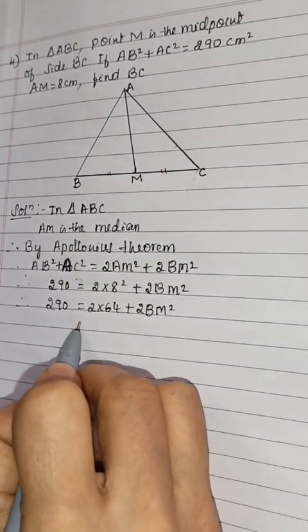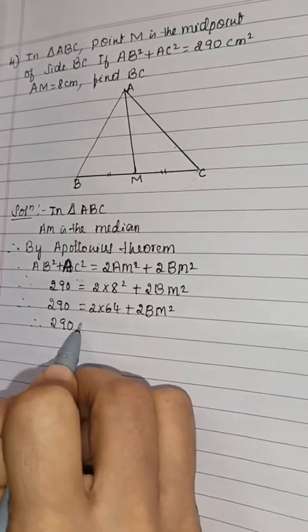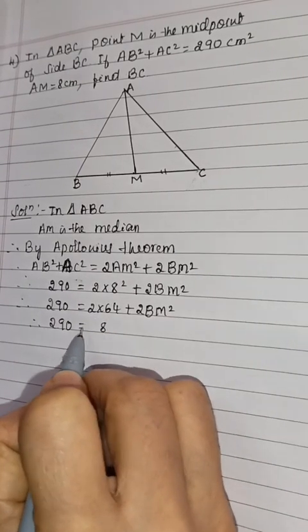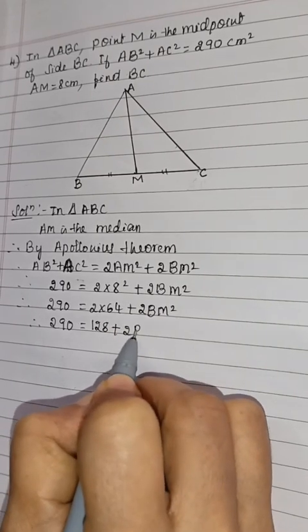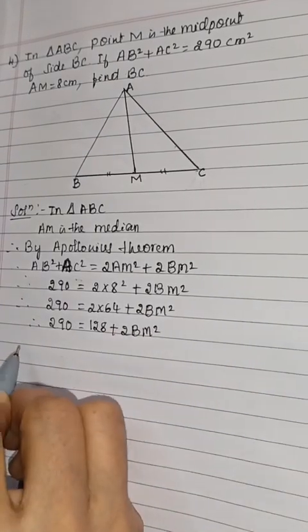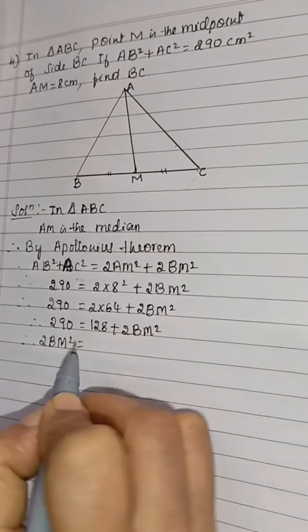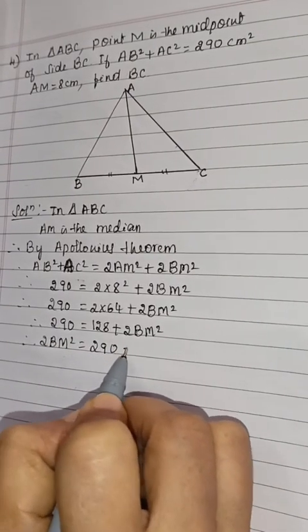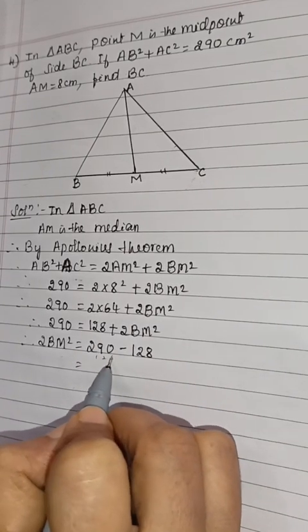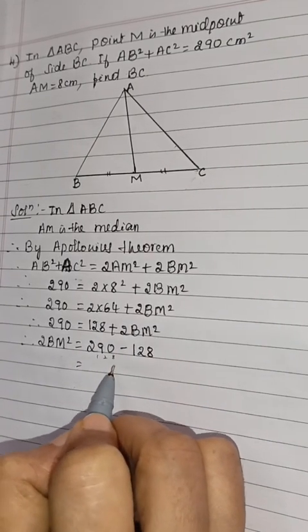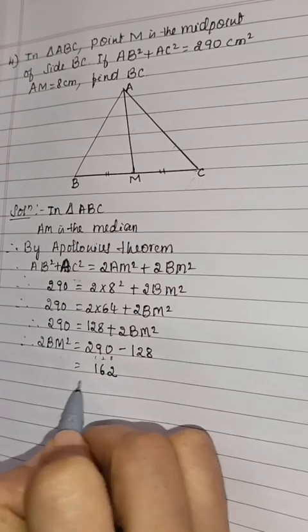64 into 2, how much? Therefore 128 plus 2BM square. Therefore, 2BM square is 290 minus 128. 128, how much? 162.